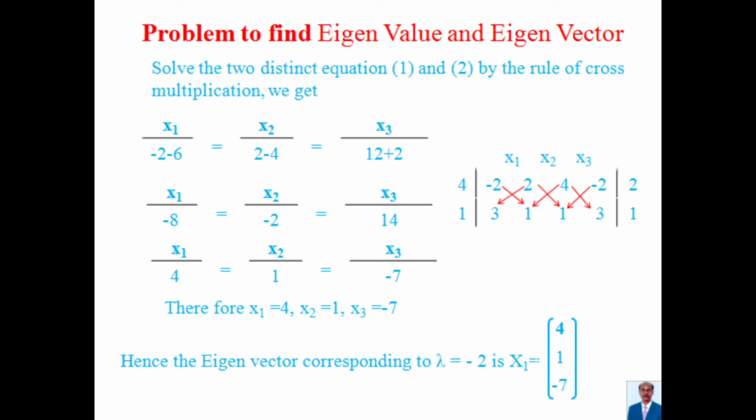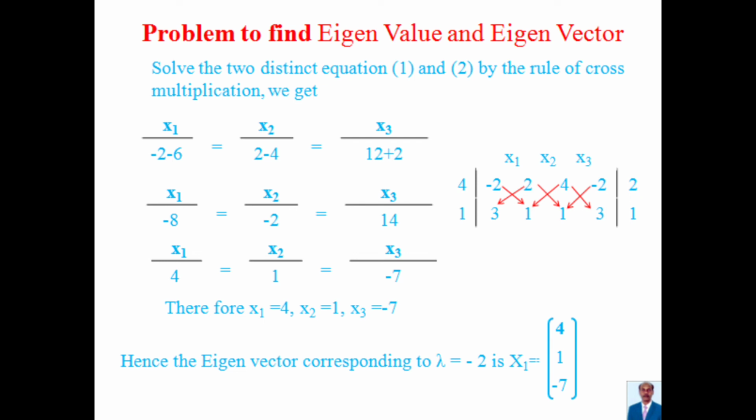Similarly x2 divided by 2 minus 4, and x3 divided by 12 plus 2. If we simplify it, x1 divided by minus 8, x2 divided by minus 2, x3 divided by 14.